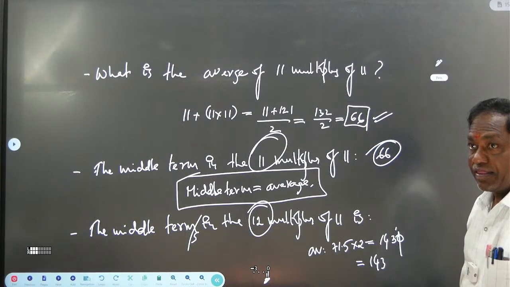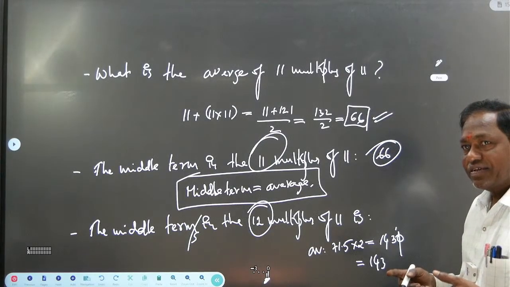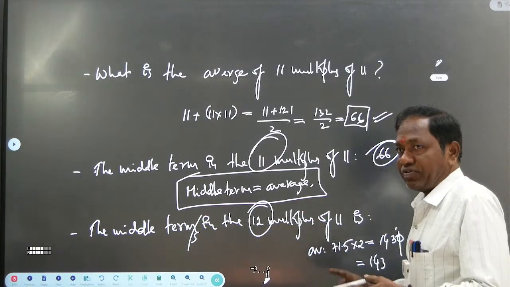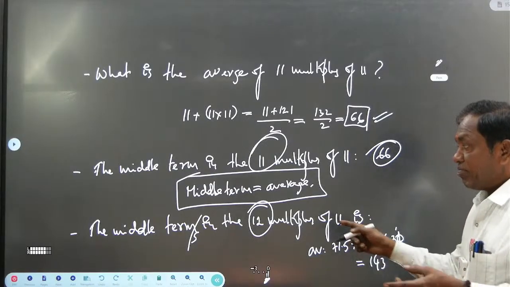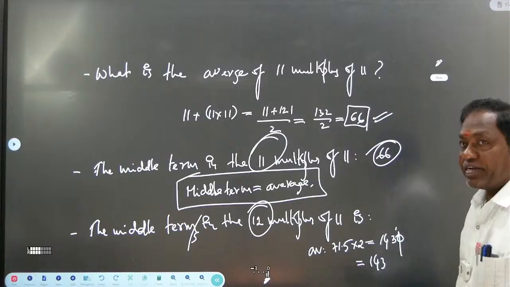Sir, the average is 71.5. Average 71.5 is for a single term. For two terms you will not get the average, you get the sum of the middle terms. The question asks for the middle terms.